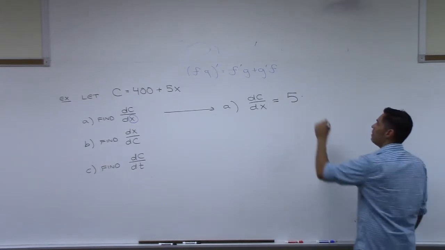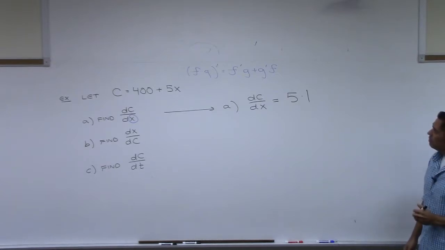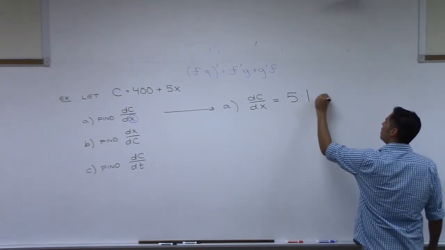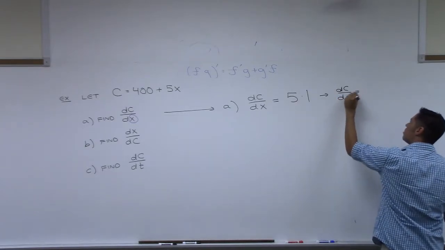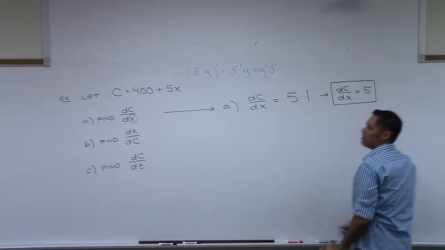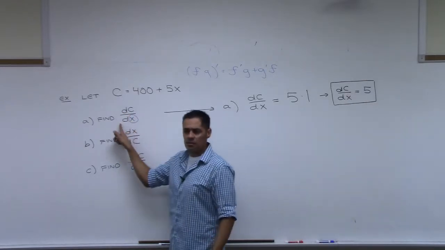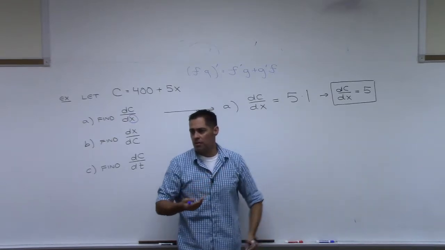So that's 5 times 1. What is this saying? It's saying dC/dx is equal to 5. Isn't that what we were trying to find? dC/dx is 5. It's constant.